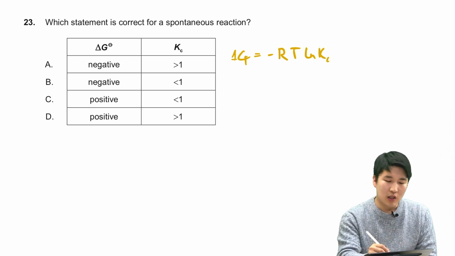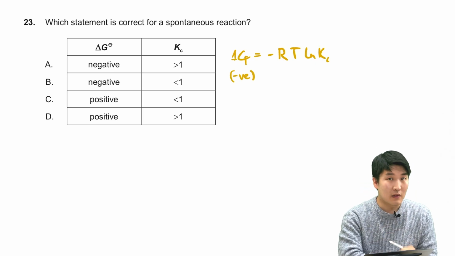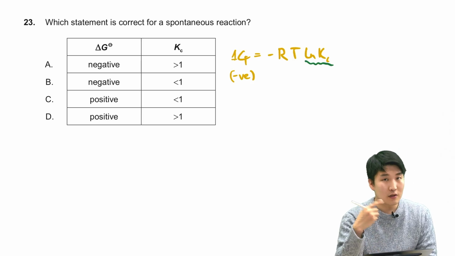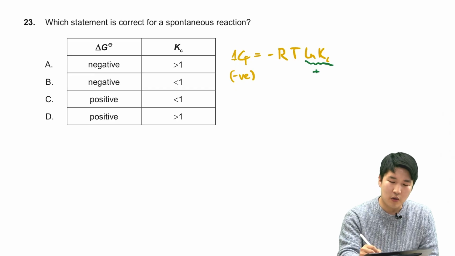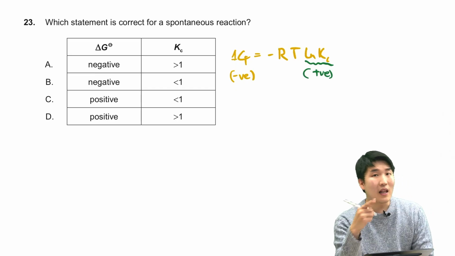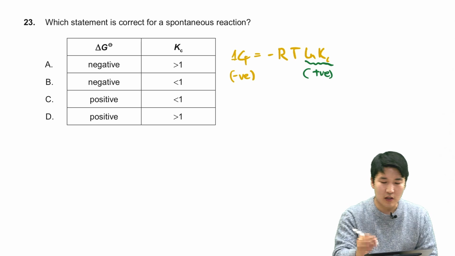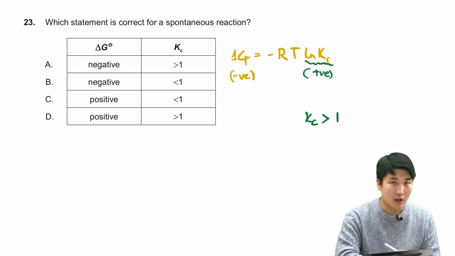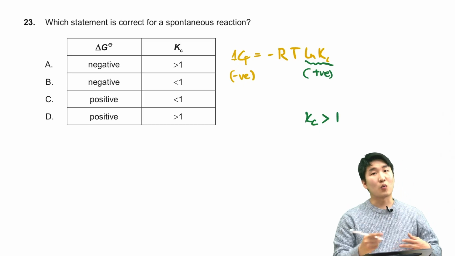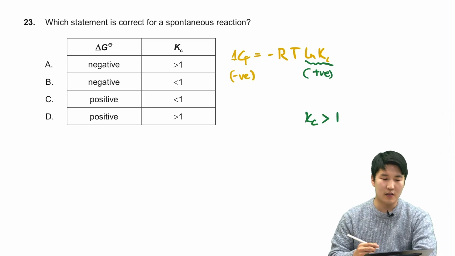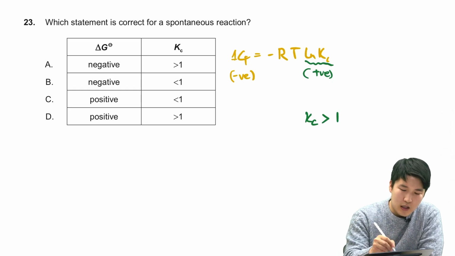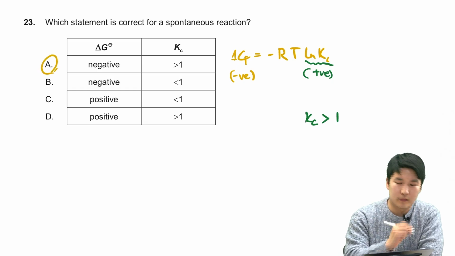We want the delta G to be of negative value, which means ln K needs to be positive. And for ln Kc value to be positive, we want the Kc value to be greater than 1. In other words, more products than reactants. A would be our answer.